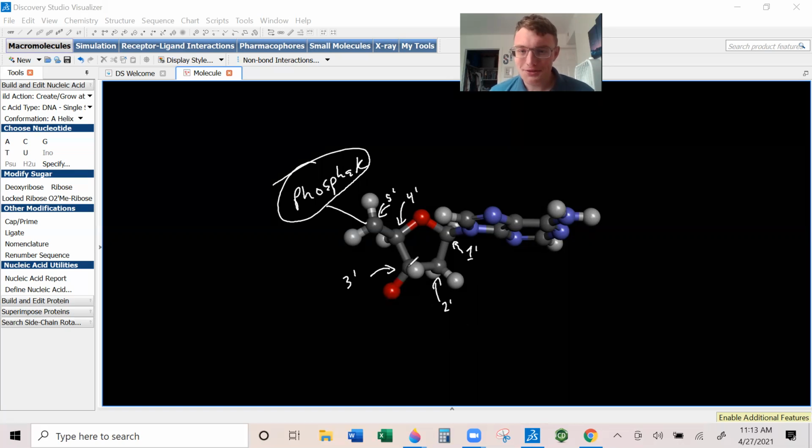Notice this 3' carbon has a little oxygen, oxygen's red, poking off the bottom here. And the 5' one has the phosphate poking off of it. Notice that? 3' pokes off there, 5' pokes off there.